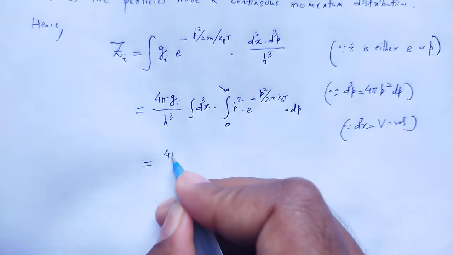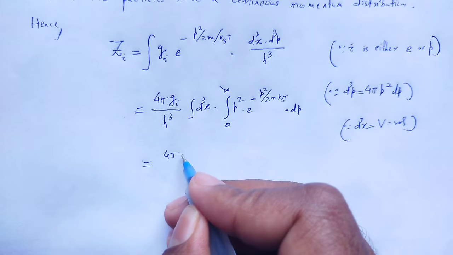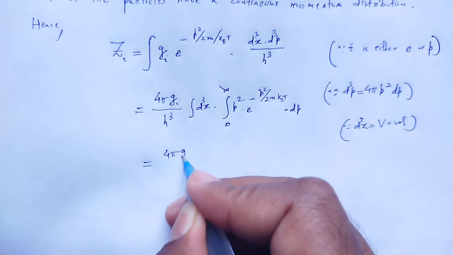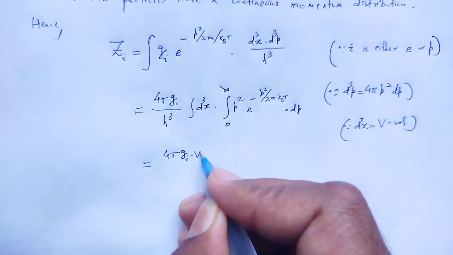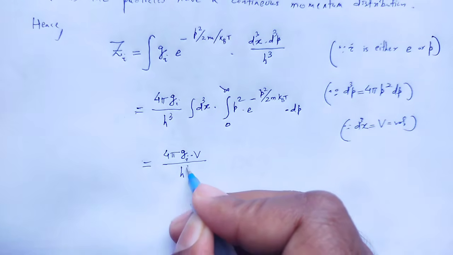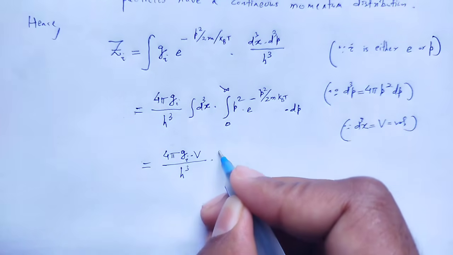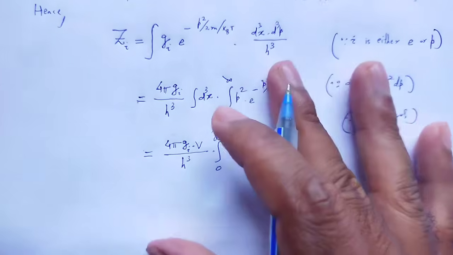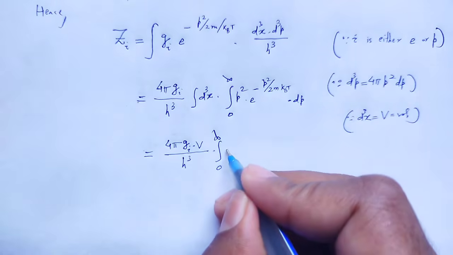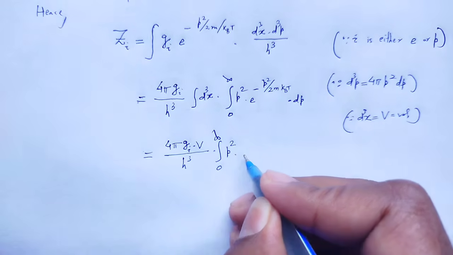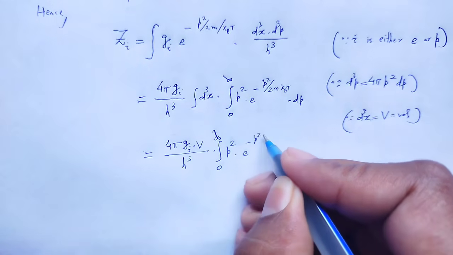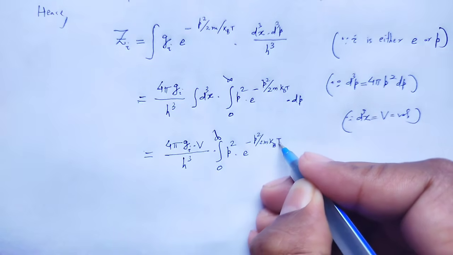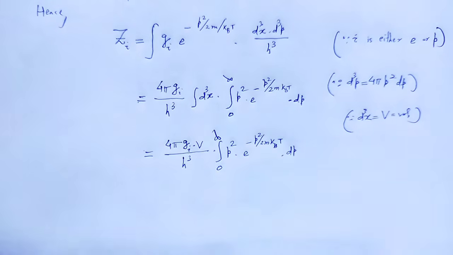then 4 pi gi into V divided by h cube, integration over 0 to infinity p square e to the power minus p square divided by 2m kBT dp.